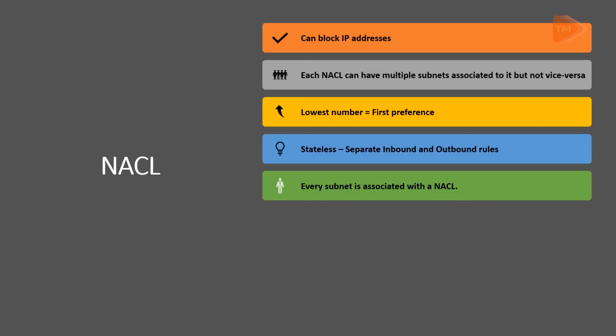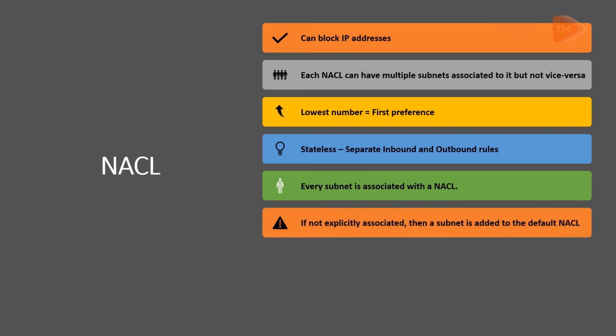Every subnet is associated with a NACL. We have already seen this: every subnet that is created in the VPC will be associated to a NACL. Now the next line: if not explicitly associated, whenever you create a subnet, it gets automatically assigned to the default NACL of that VPC.